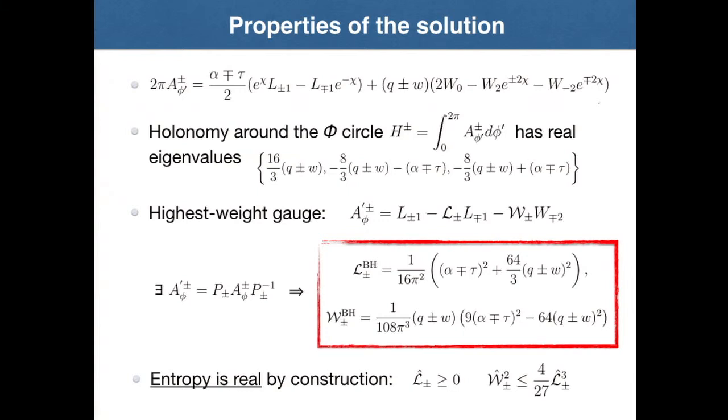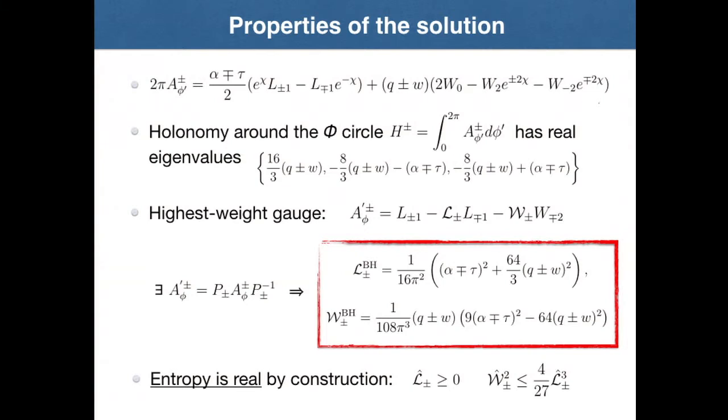So what are the properties of a solution that I built in this way? Well, first of all, if you just naively compute the connection, you obtain this expression that is not very illuminating. So you face the same problem that we had before: it's not in the highest weight gauge.